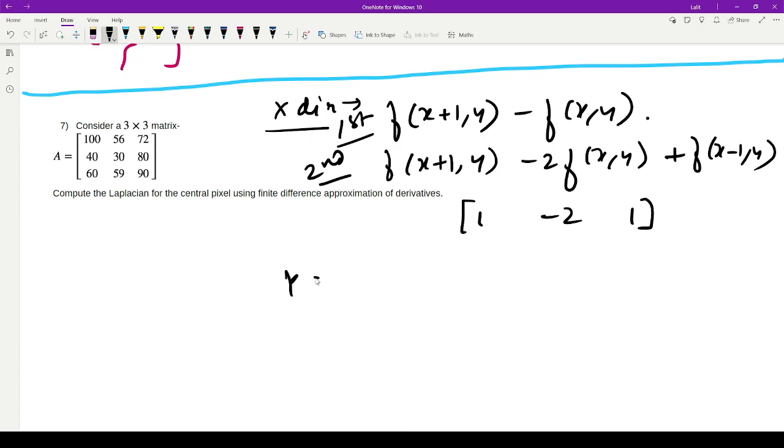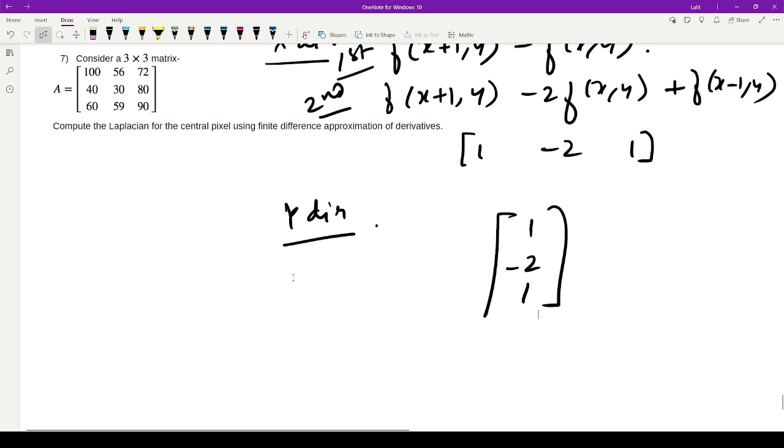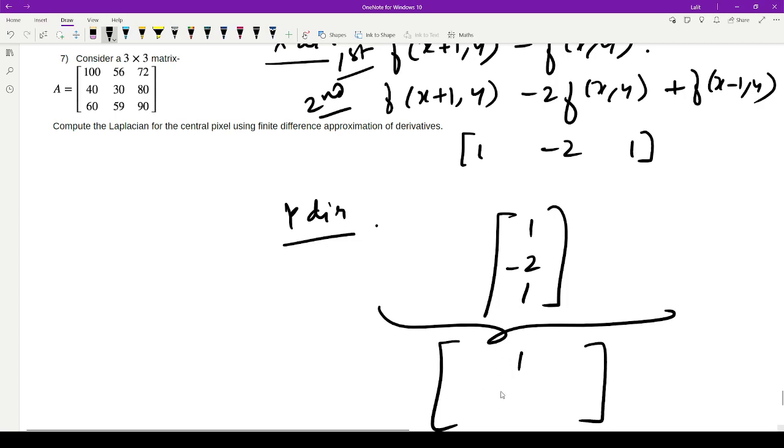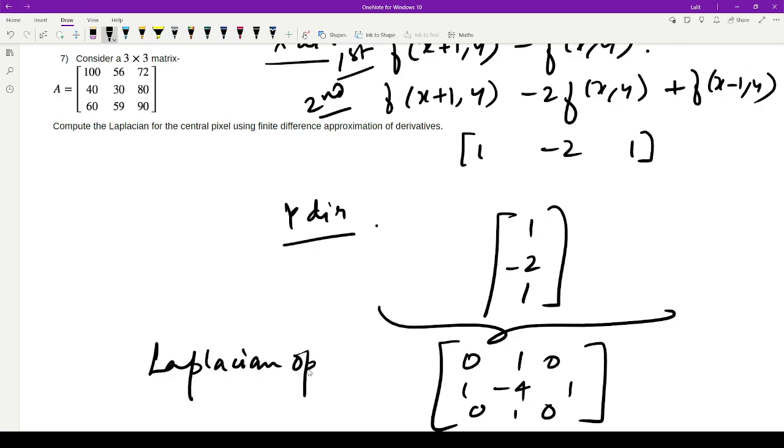What about the y direction? Actually 1, -2, 1. So if we combine both of them, what we get is this specific operator. This is the Laplacian operator, the Laplacian kernel.